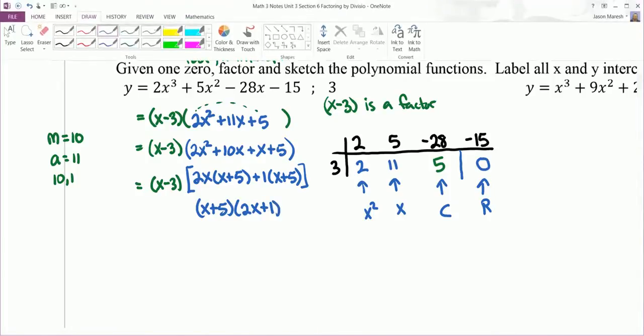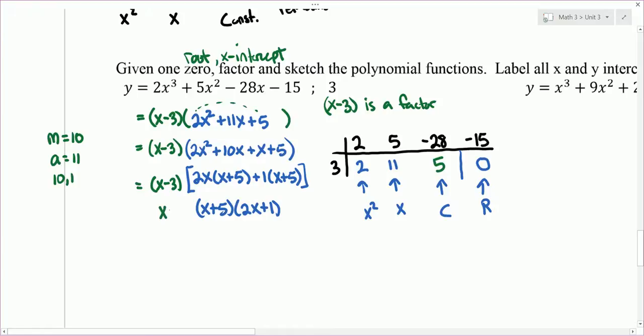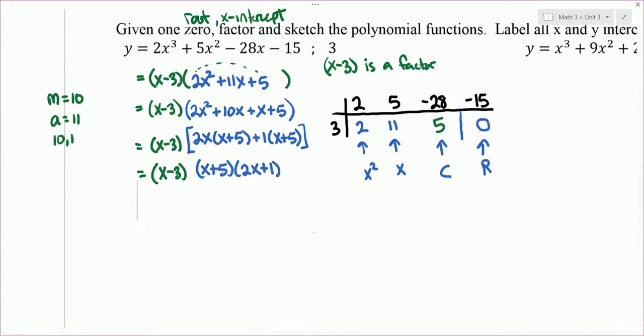And bring down your x minus 3. And now it is fully factored. The factors will give you your x-intercepts. The first factor, x minus 3, gives us x equals 3, because if you plug in 3 for x, you get 0.